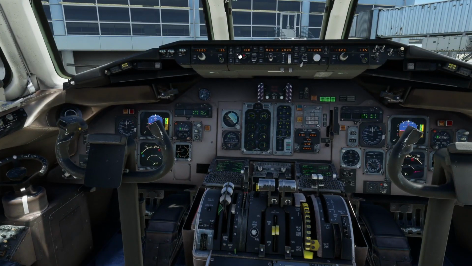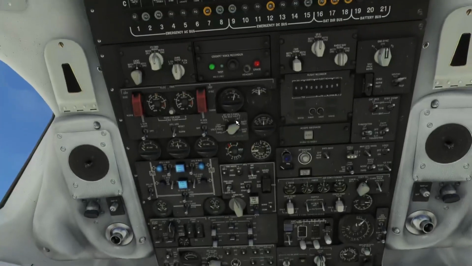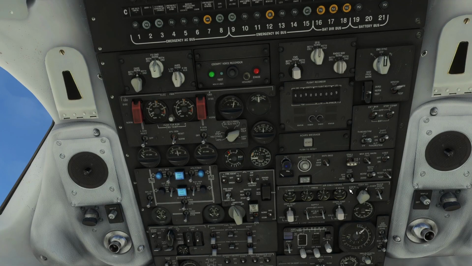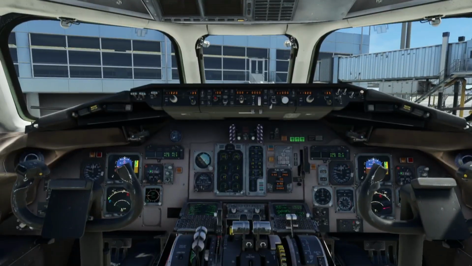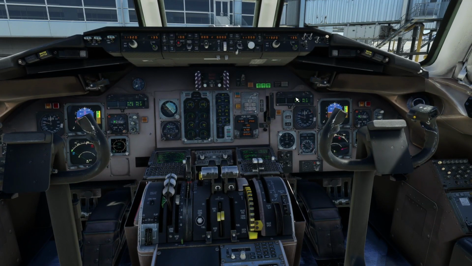Now we can run through our pre-flight, and I'm not going to have to explain all of those systems. We're just going to show you what you need to be checking for as we go through the check, and it will go pretty quick. So now that you have the basic understanding of what those systems are, I'm going to expect you to know that basic knowledge, and if you don't, you'll have to go back and watch those other videos.